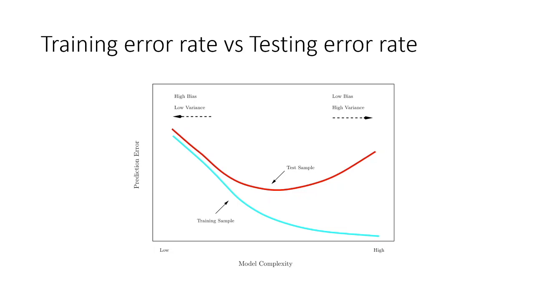So when we want to find a suitable model, we always have this in mind: the more complex the model is, the more prone it is to overfitting, where it can fit the training data very well but performs very poorly on new data. If you want to use your model for prediction, you want a model that is flexible enough to reduce the prediction error rate for both the training and the testing sample, so you want an optimal level of model complexity.